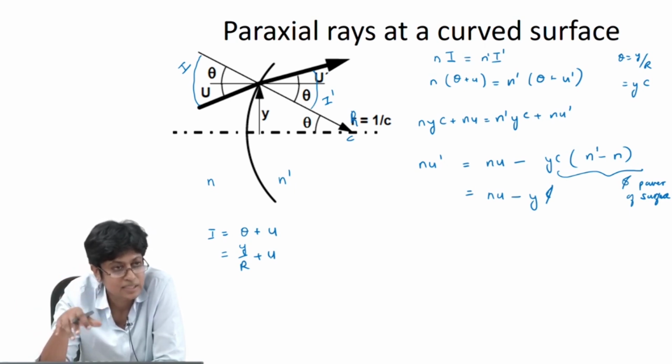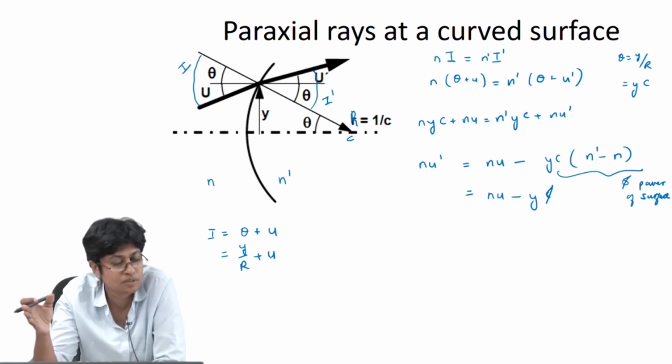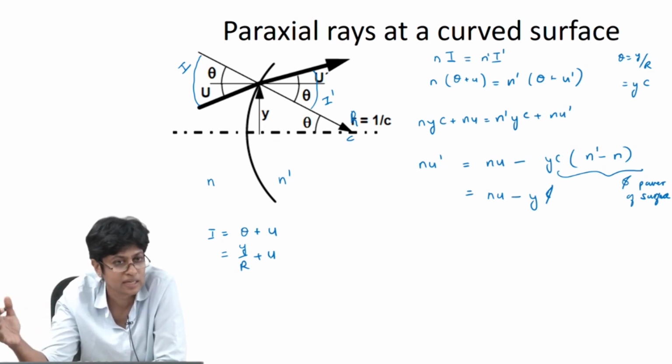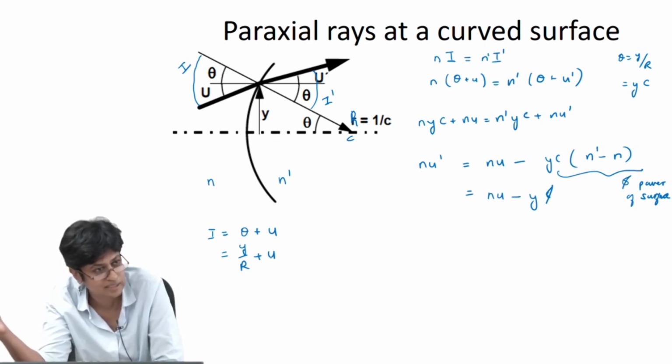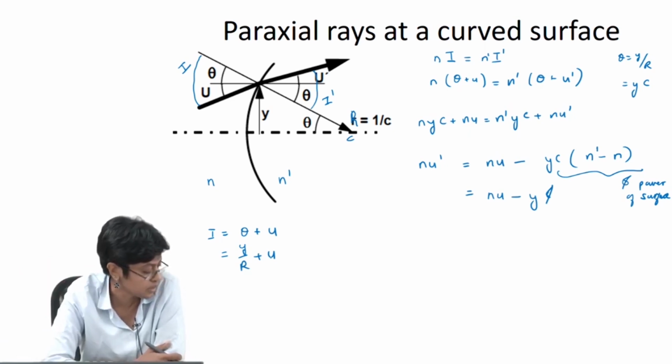But you can clearly see that with these parameters, given the information at one plane, you are able to trace the ray through the system and find out the slope of the ray as well as the height of the ray at the next interface, and then you calculate what happens at that interface, use those parameters as input and calculate what happens at the next interface, and so on. So that's basically how your ray tracing is going on.